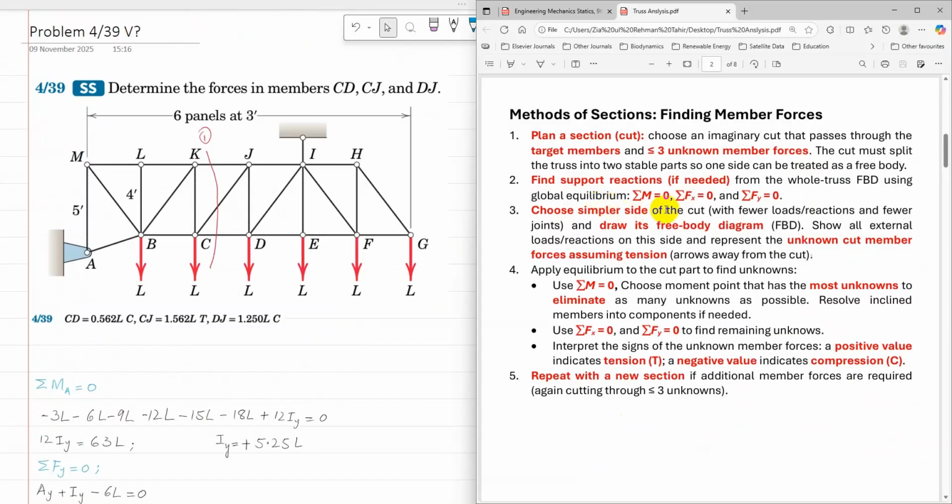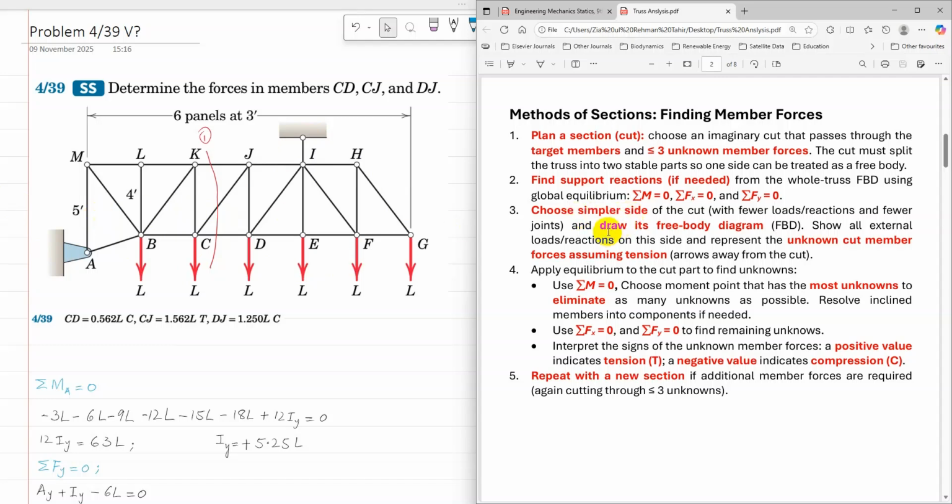Now to choose the simpler side of the cut. The right side has 4 known loads and 1 reaction, so altogether 5. The left side has 2 known loads, and now I have calculated the reaction at A, so there is only 1 reaction at A. So I'm going to choose the left side for the analysis.